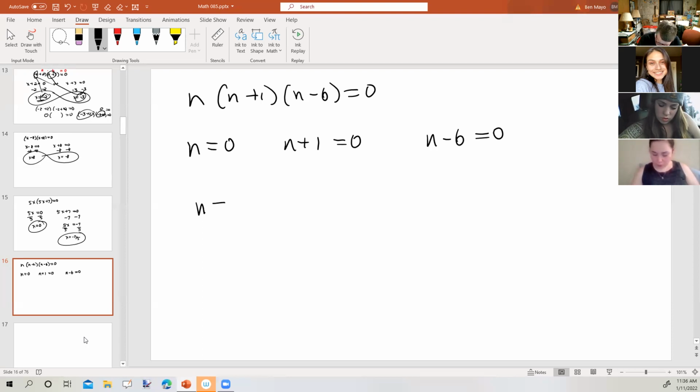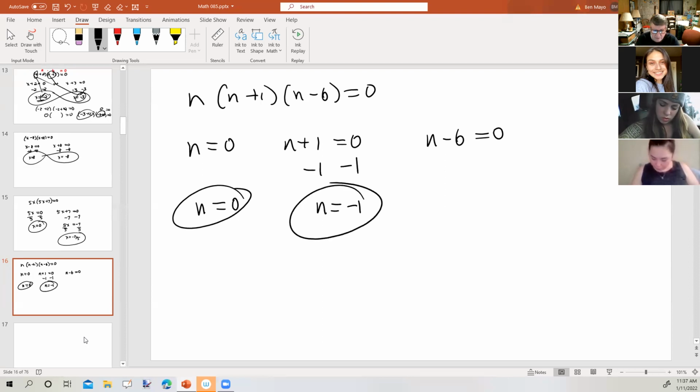If n = 0, well then n = 0. If n + 1 = 0, subtracting 1 from both sides, we get n = -1. And if n - 6 = 0, adding 6 to both sides of the equation, we get n = 6. So we have three solutions to what is a third degree equation.